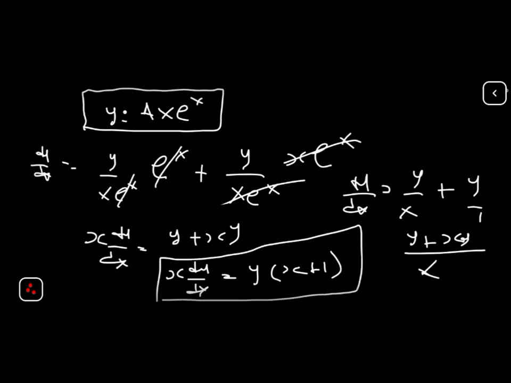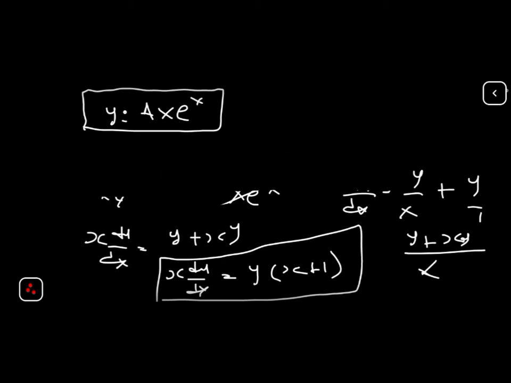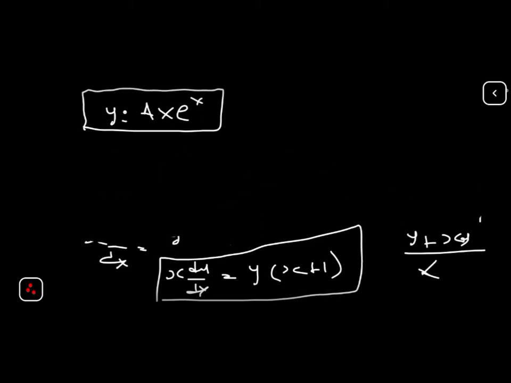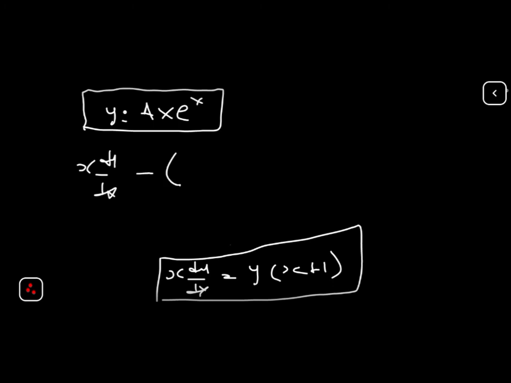You can still go ahead and bring everything to the left side. If we do so, we are going to have x dy/dx minus y bracket x plus 1 is equal to 0.